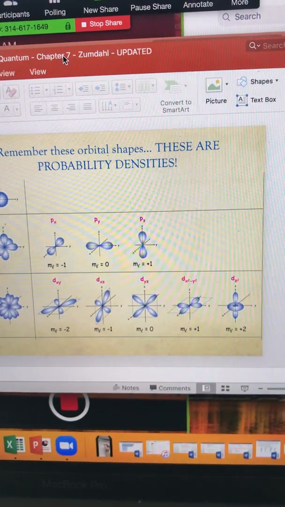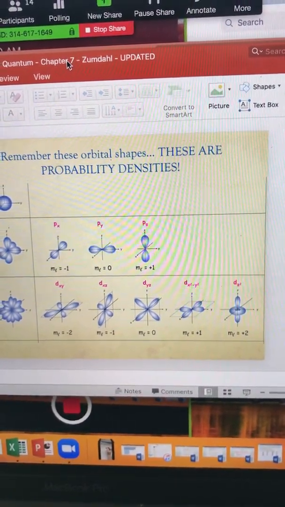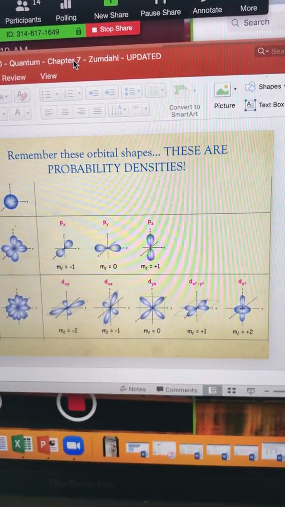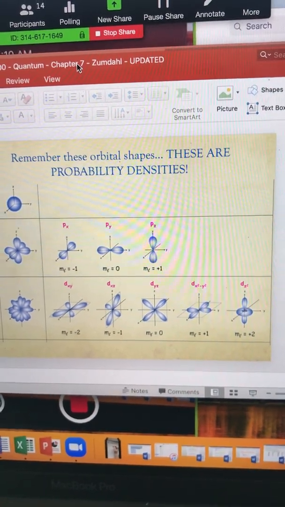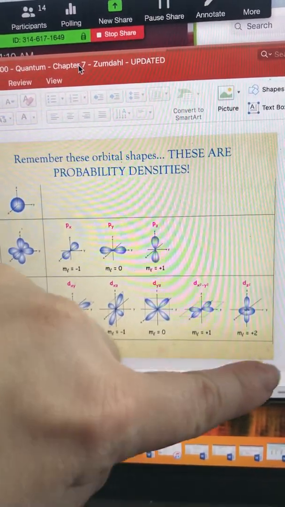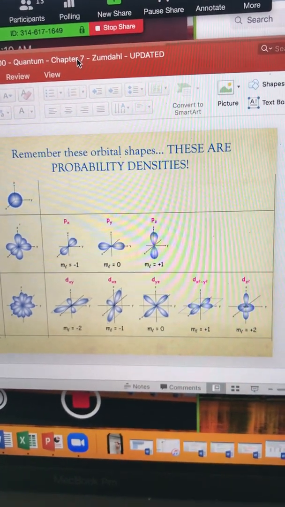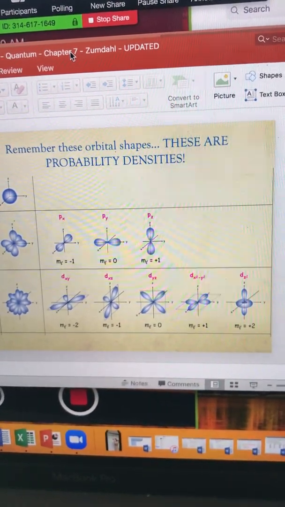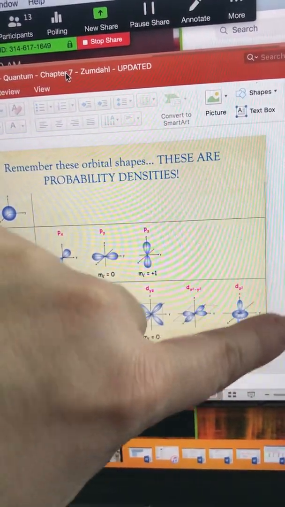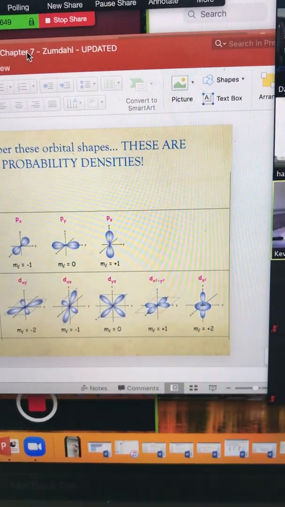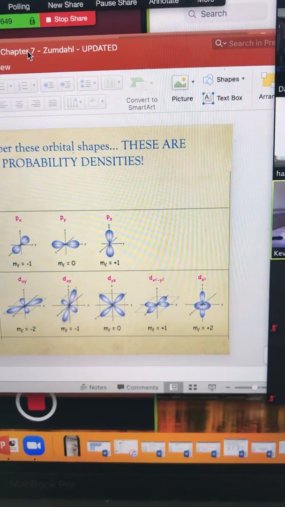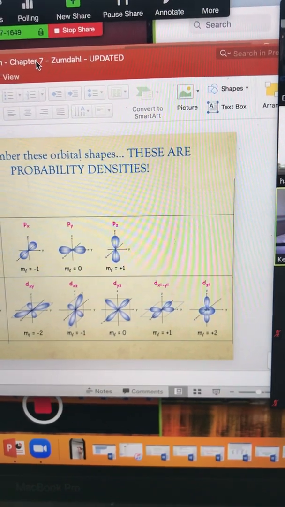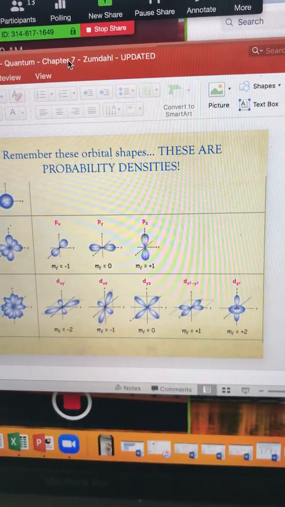Meaning they don't have axial components. They don't lie directly along the axis, except for that last one. These two have axial components. Those axial components are what allow it to help with sigma bonding. Again, sigma bonding is happening along those axial components, so that's what's helping you when you're mixing in those d orbitals. It's not super important to know, but it is important to know that the reason why these aren't involved in hybridization is because they don't have axial components.